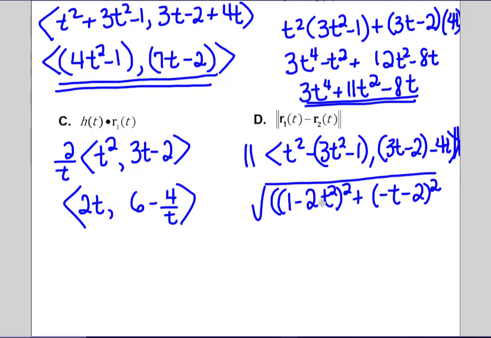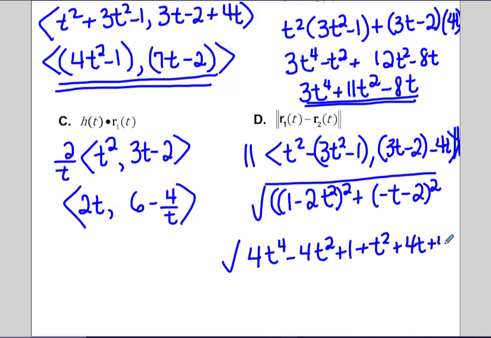and expanding this, we're going to have the square root of 4t to the 4th minus 4t squared plus 1 plus t squared plus 4t plus 4.